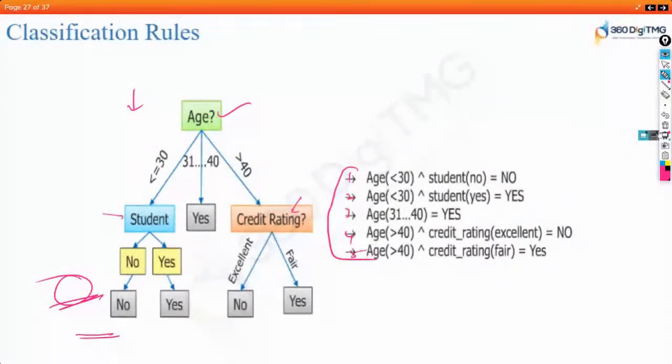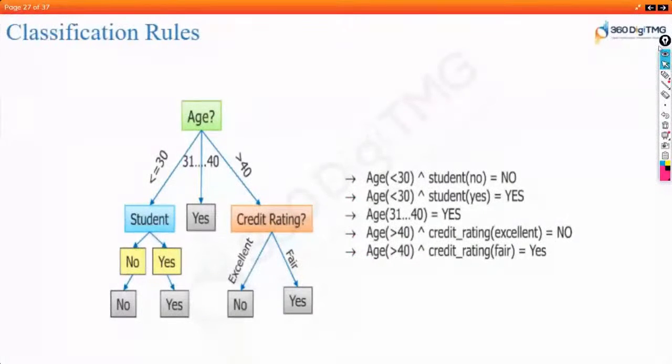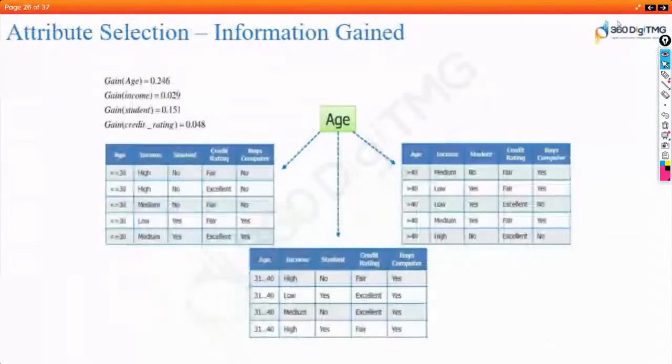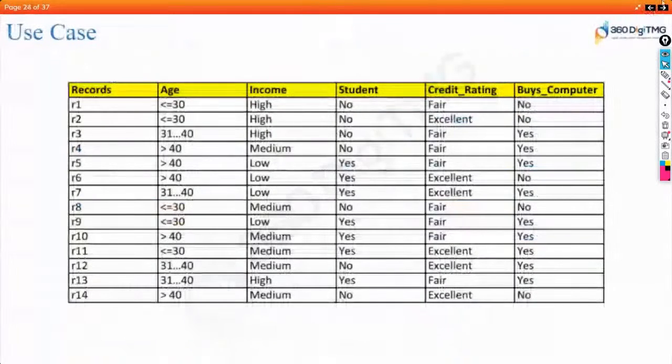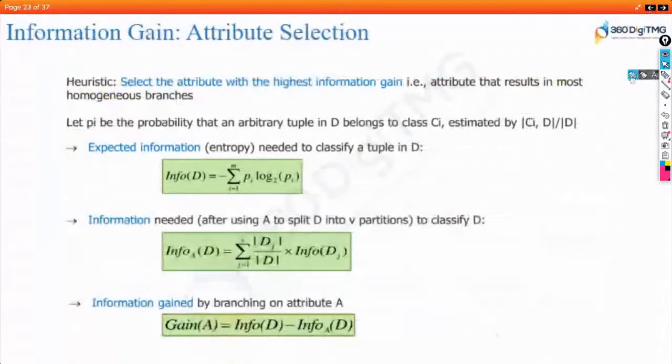So we need to develop this. And in order to develop this shortest possible tree, we use a concept called entropy, which is also known as information theory. We have to calculate the information gain.